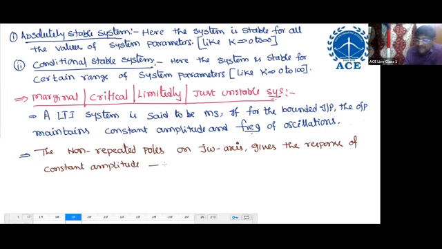The non-repeated poles on the j omega axis give the response of constant amplitude and frequency of oscillation. The system becomes marginally stable. So remember that.